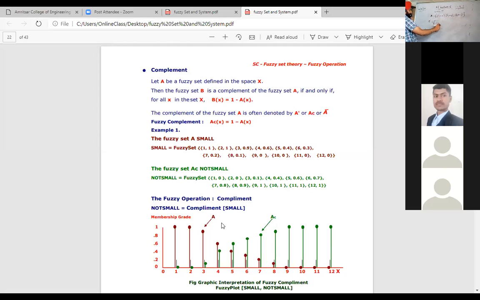So what will be the degree of membership of complement set A? For 1, 1 minus 0.3, it will be 0.7. For 2, 1 minus 0.4, it will be 0.6. For 3, 1 minus 0.1, it will be 0.9. So this is the degree of membership, that is the A complement.